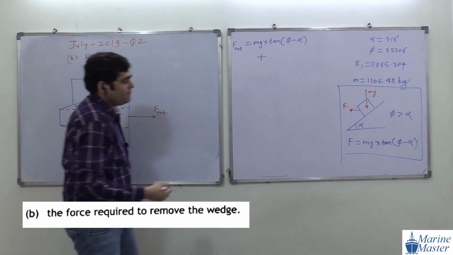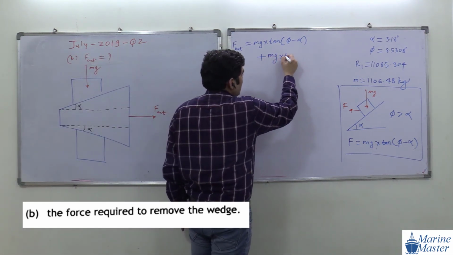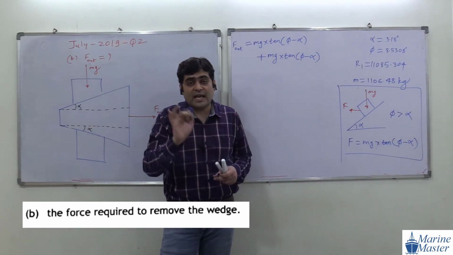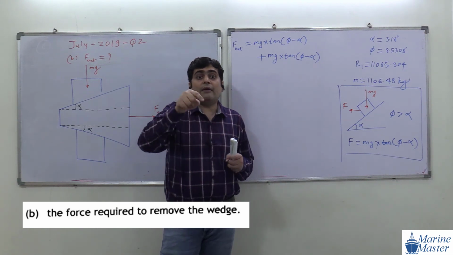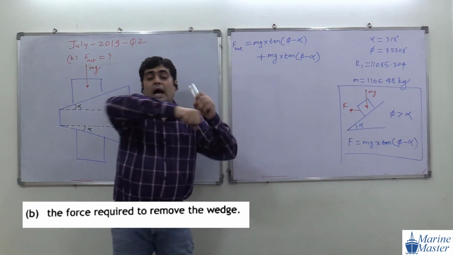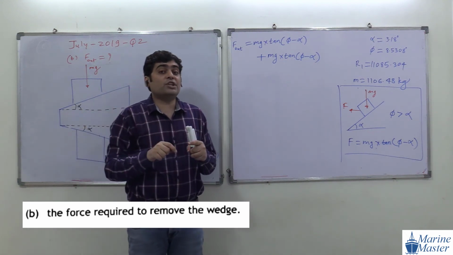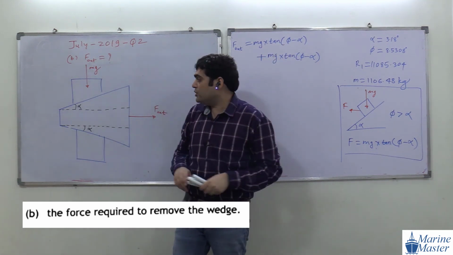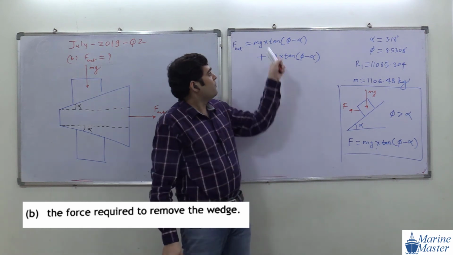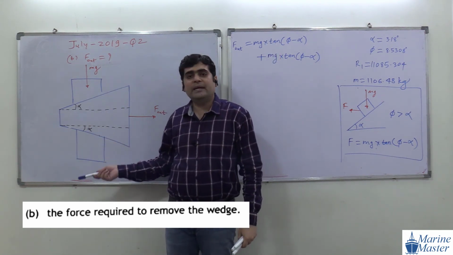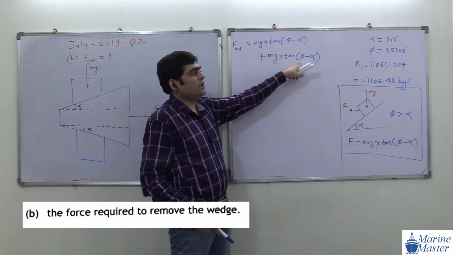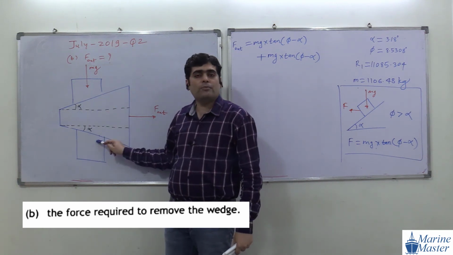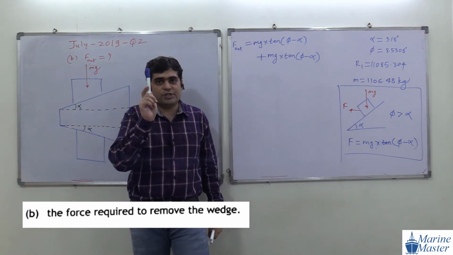In the last numerical I gave you extra questions to find F out, but there one plane was horizontal, so there it was only mg tan phi. But here both planes are inclined. Alpha is the same, and the coefficient of friction is the same, so the angle of friction is also the same.